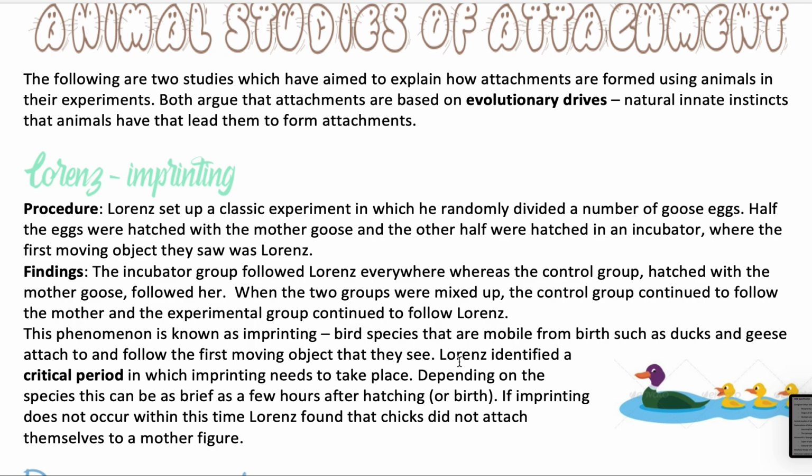Okay, animal studies. So this is the idea that animals have an evolutionary drive, a natural instinct to form attachments. So Lorenz looked at imprinting. He did a lab experiment and divided some eggs into two groups.